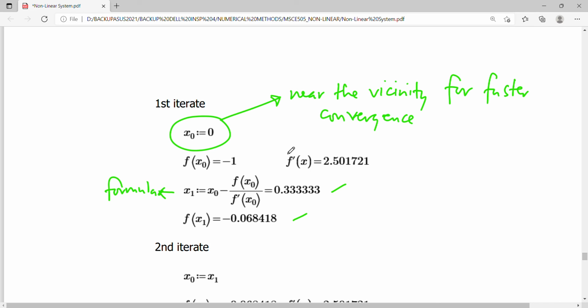Sa mga non-linear problems, the Newton-Raphson method is really very powerful and efficient. Okay? So that's it for the methods. So we'll discuss more Muller's method and the fixed point iteration method on the next video. Thank you for listening.